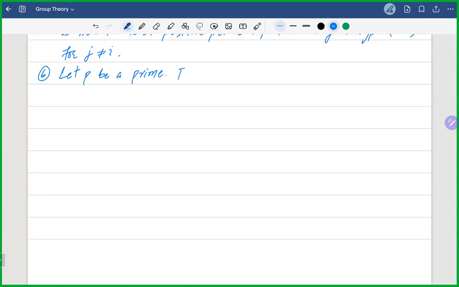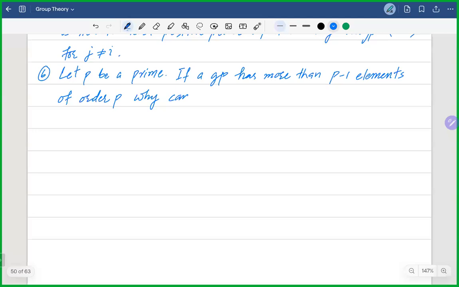If a group has more than p minus 1 elements of order p, why can't the group be cyclic?